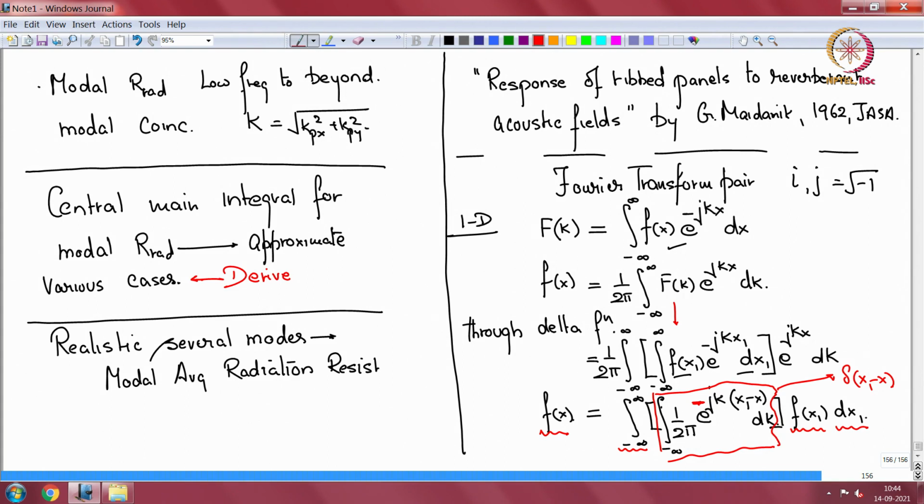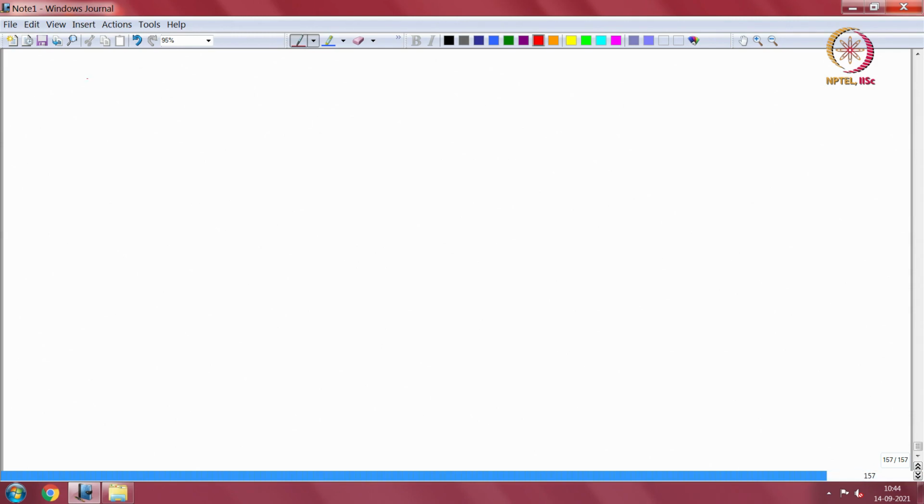Which means 1 by twice pi into the integral minus infinity to infinity of e to the power minus j k (x1 minus x) dk must be equal to delta of x1 minus x.